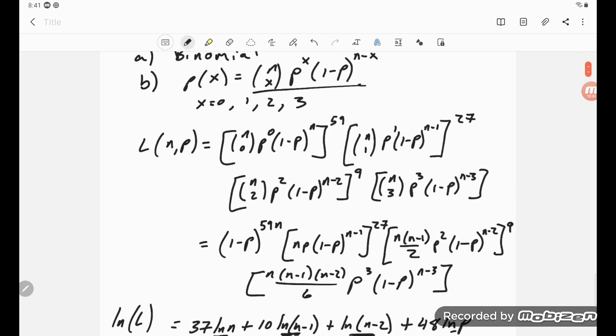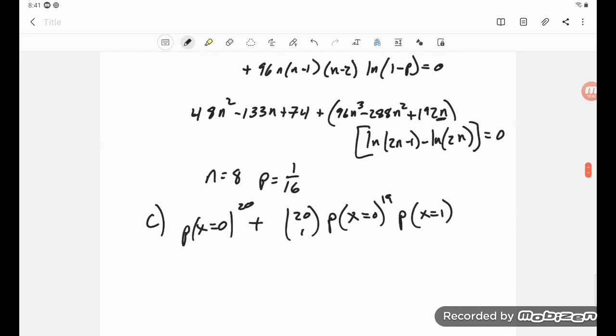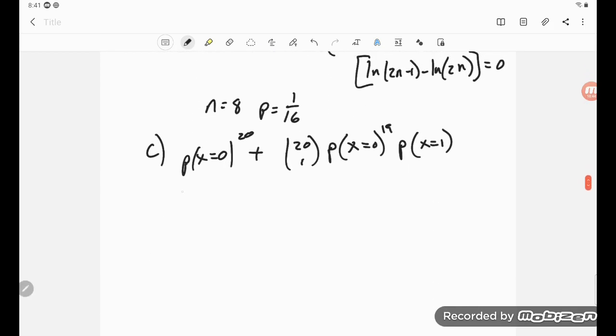Okay, so I'd have to go back here, and we just use this for each of those. So for probability x equals 0, we just have our n choose 0, and p to the 0, and then 1 minus p to the 20th. And then here, plus 20 choose 1.